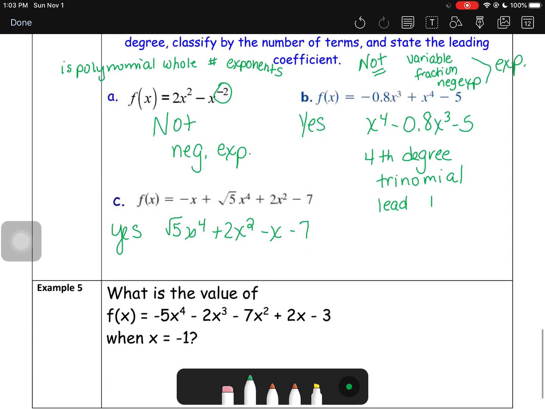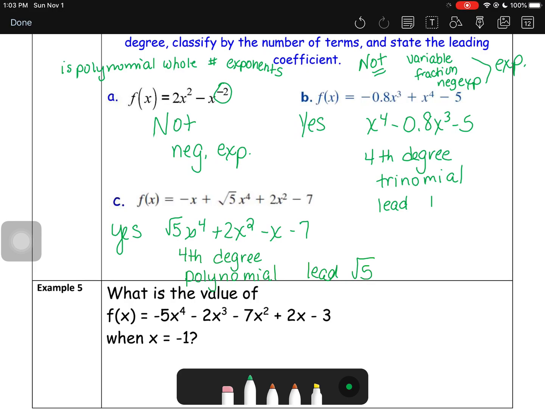Again, this one is to the 4th degree. It is a polynomial since it has 4 terms. And the leading coefficient is the square root of 5. And classifying by the degree would be 4th degree.